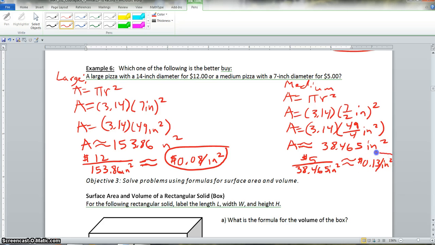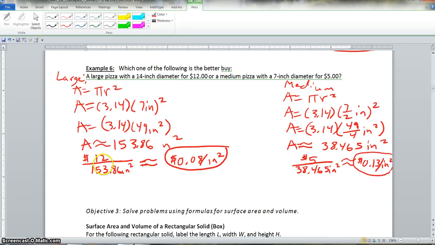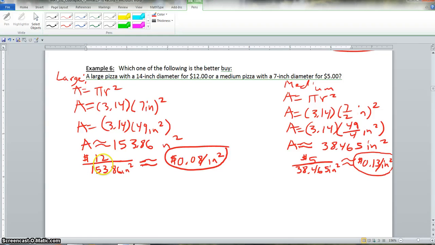Now, we look here. If you're a consumer, remember the one that has the lowest price is the one you want to buy. So what we will have to write here, and I want to give us enough space, so I'm going to push this down a little bit here.